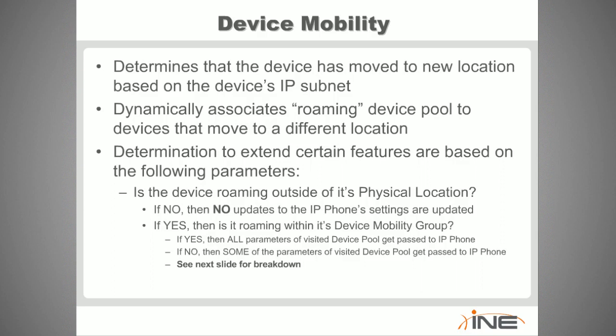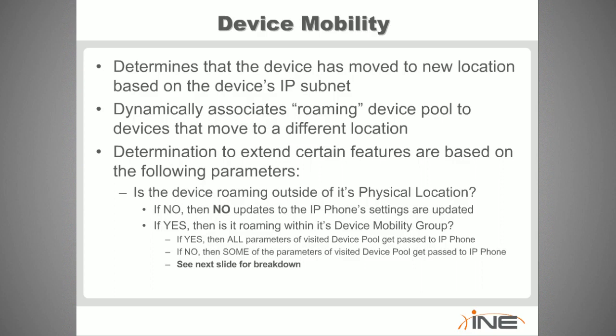So in other words, it might be roaming to a new subnet, and that new subnet might even be tied to a different device pool, but if the physical location is the same, and we'll see where we associate this, then no settings will be updated. We'll use all of our home settings.